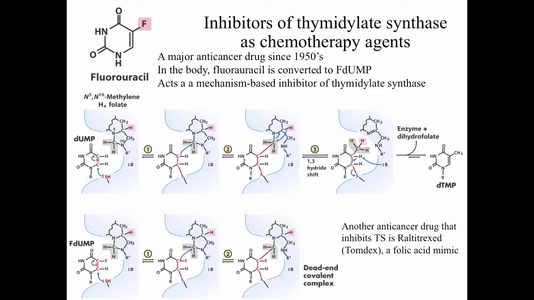The carbanion then nucleophilically attacks the methyl group on the N5,N10-methylene tetrahydrofolate and forms this covalent adduct. And then you have this hydride shift of this hydrogen to this carbon.